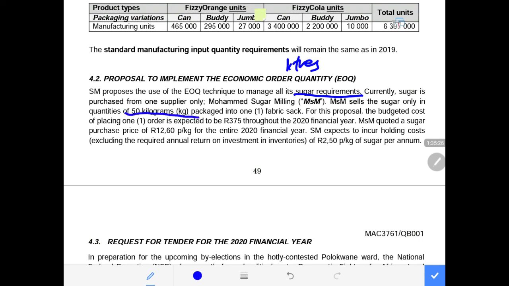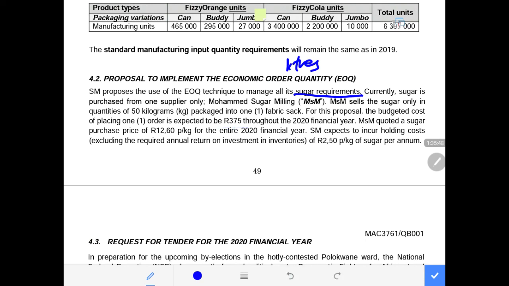So this is a 50 kg fabric sack of sugar. For this proposal, the budgeted cost of placing one order is expected to be $375. Take note that the ordering cost of $375 is not per kg, it's not per liter, it's just a period ordering cost.